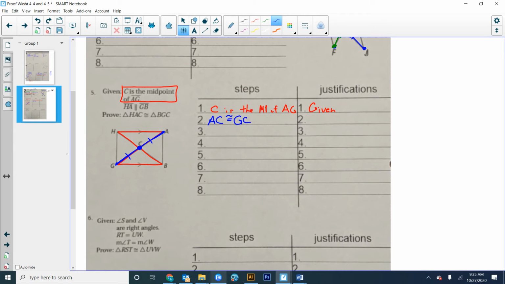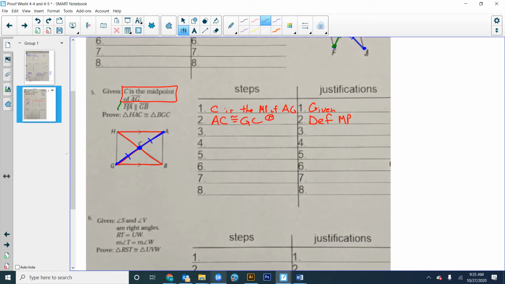That's the definition. Good. Definition of midpoint. That gives us a pair of sides congruent.